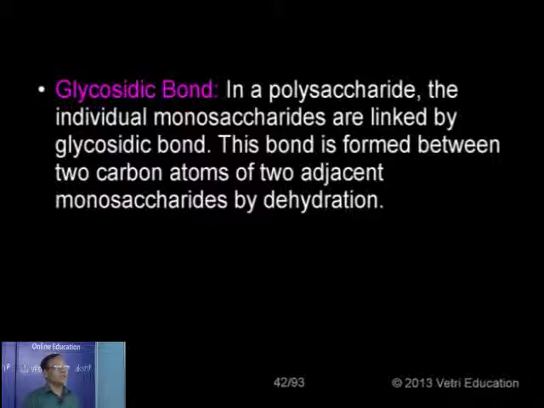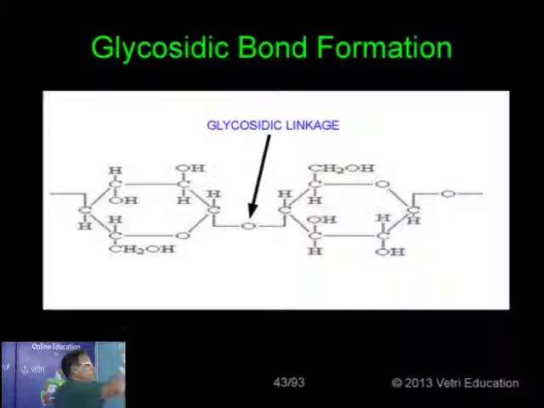For example, the glycosidic linkage between the first carbon atom of one sugar and the fourth carbon atom of another sugar is called 1,4 linkage. If there is any branch or side chain, then the linkage is formed between the first carbon and the sixth carbon, as in the case of glycogen. So here also a molecule of water is eliminated by the dehydration process. You see that one, it is a glycosidic linkage.